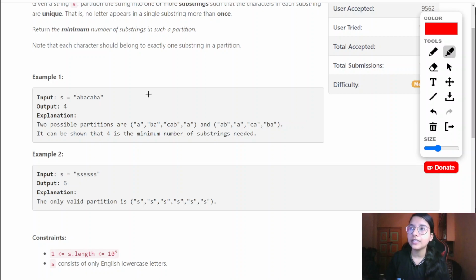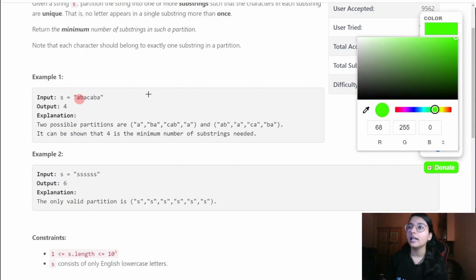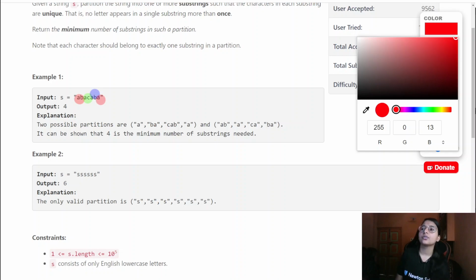Here if we take first AB, and then, because we are counting the substrings, if we take this AC, and then ACA, and then if we take B, and then at the end if we take this particular A, right? These are all different substrings which have unique characters.